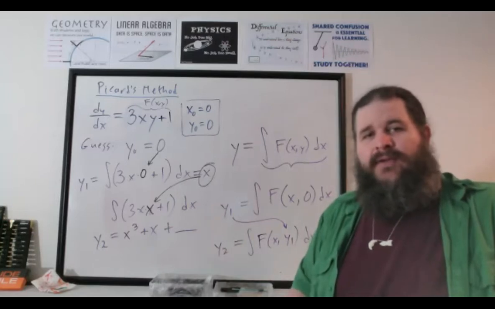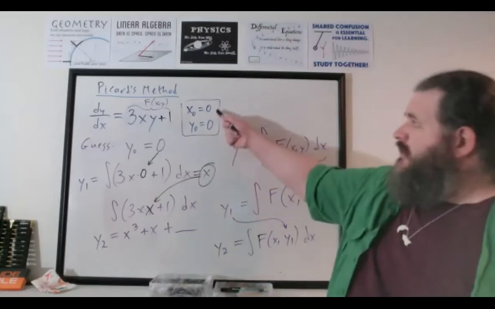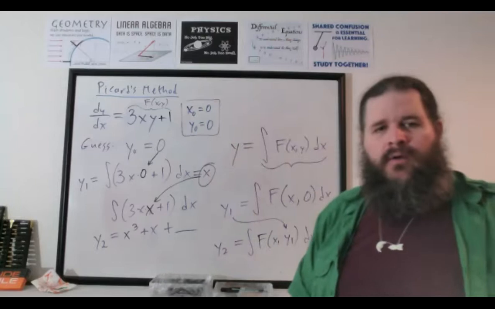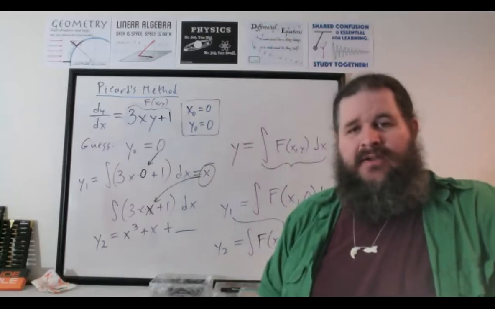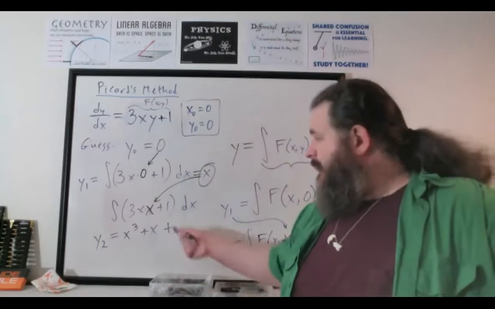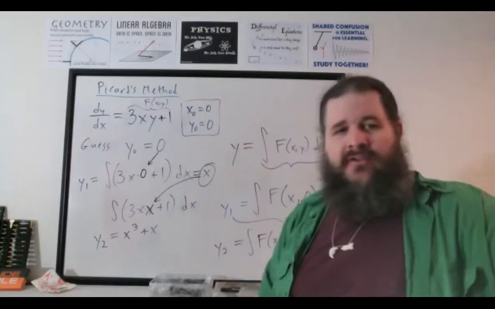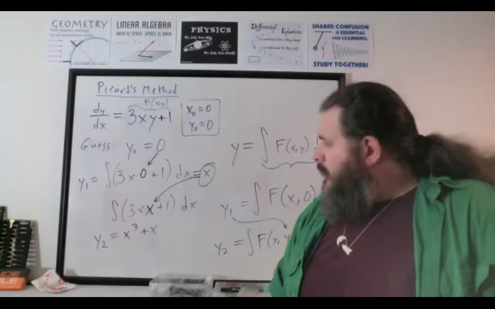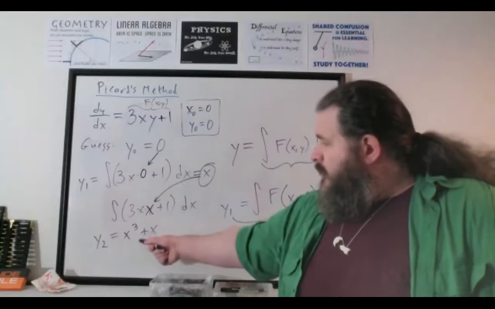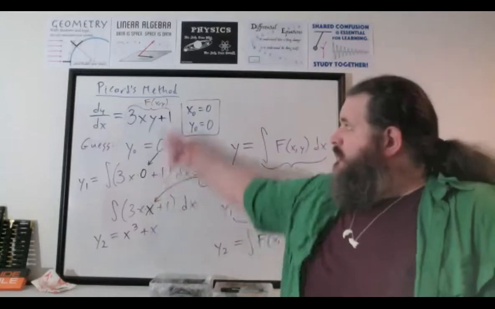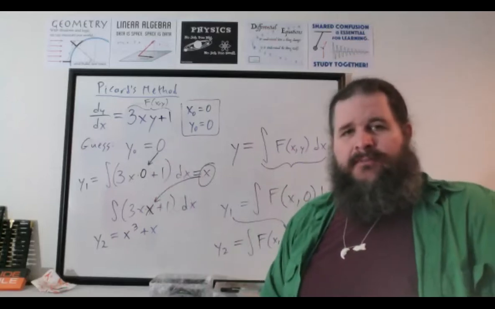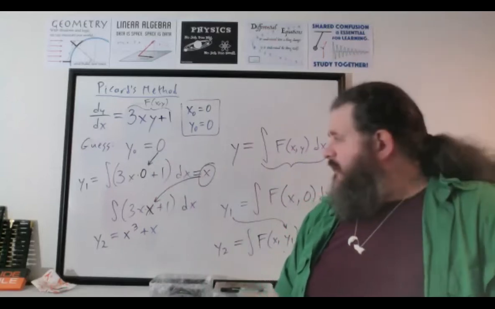This is really the main reason why we standardize this by treating the initial conditions as 0, 0, or using a modified coordinate system if we need to. That way, we don't need to worry about a plus c. The plus c will always be 0 because our initial conditions are 0, 0. So that's our y2. That should be at least closer to a solution, even though it's not truly a solution. And then we're going to go through the same process again.